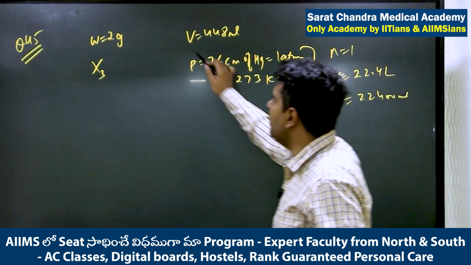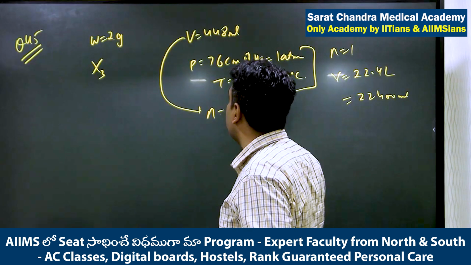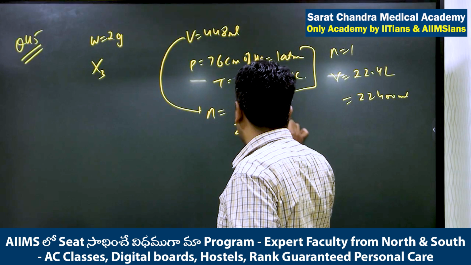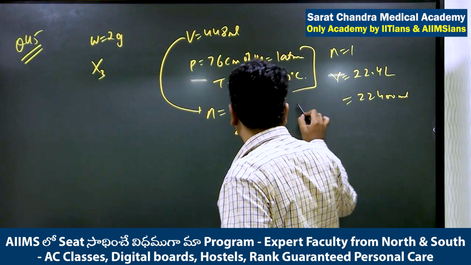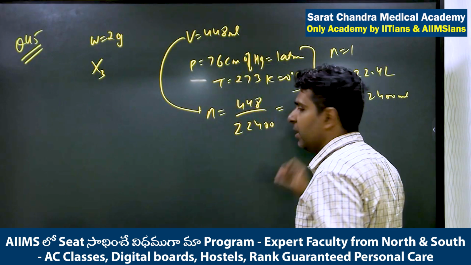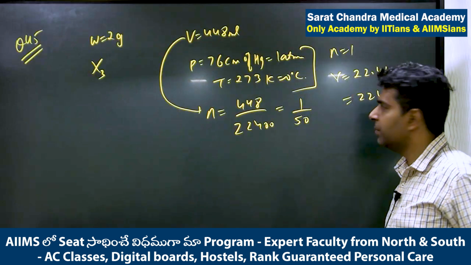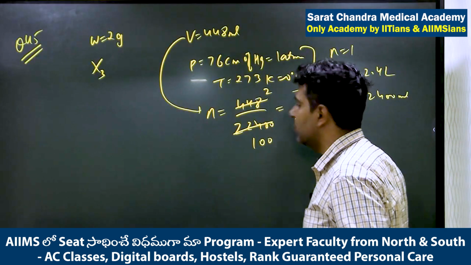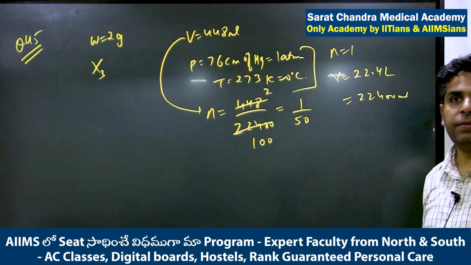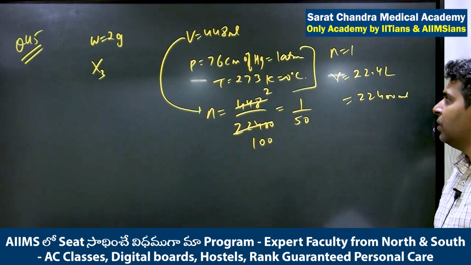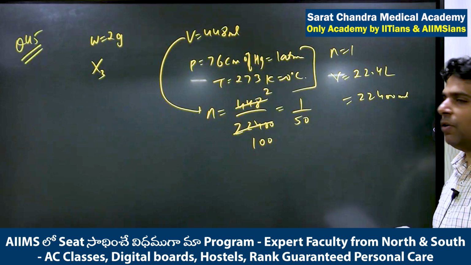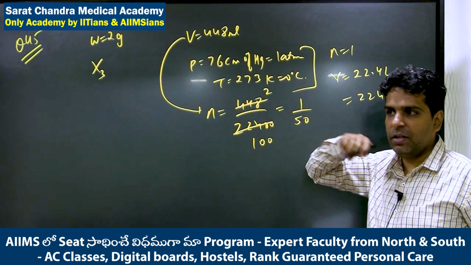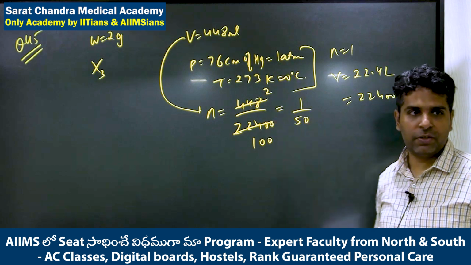Now, if the volume is this much, that means how many moles of the gas are there? So you can find out the number of moles of the gas. So this will be 1 by 50. So from volume, the number of moles of the gas you can find out, or you can use the ideal gas equation, PV is equal to nRT, and find out the number of moles of the gas.